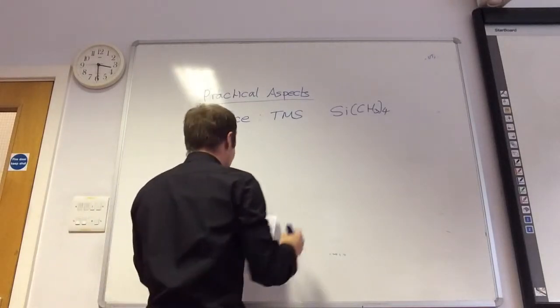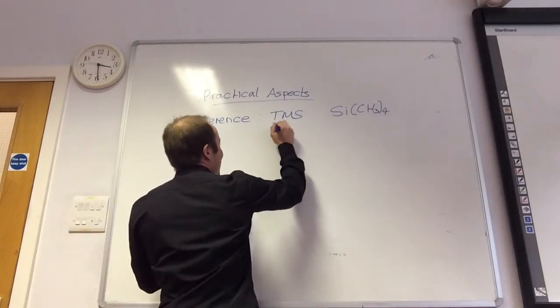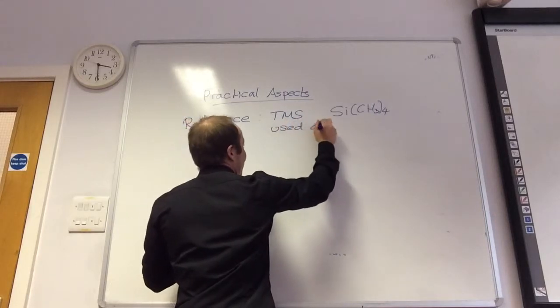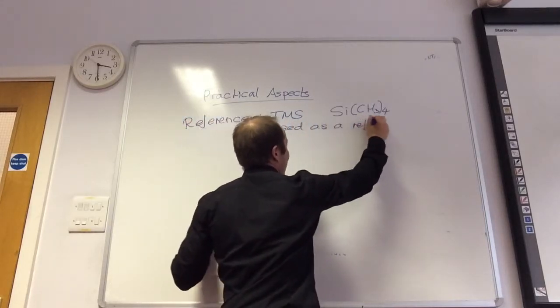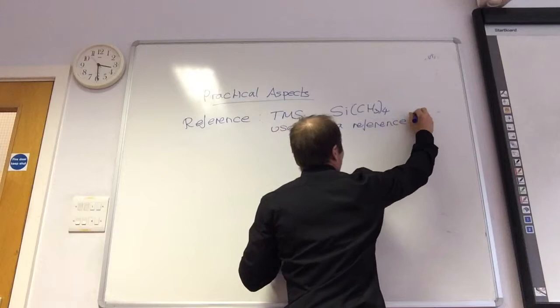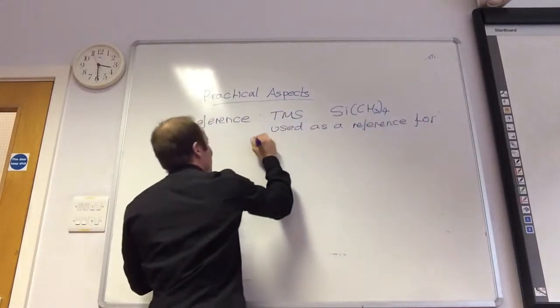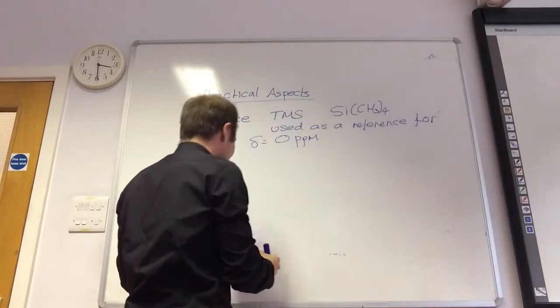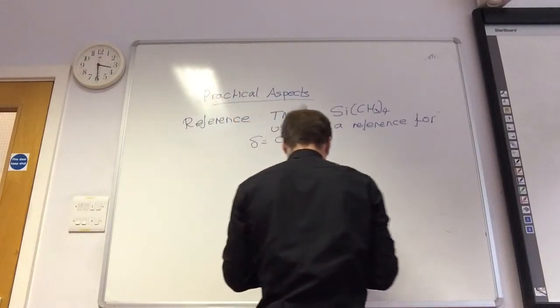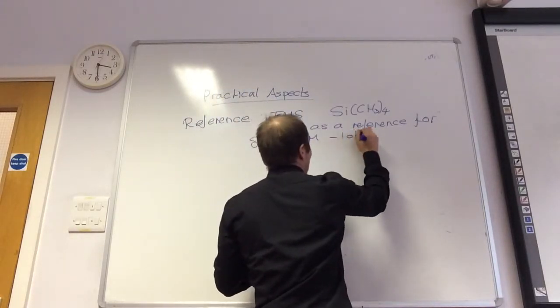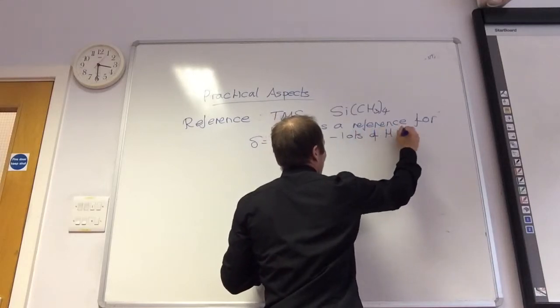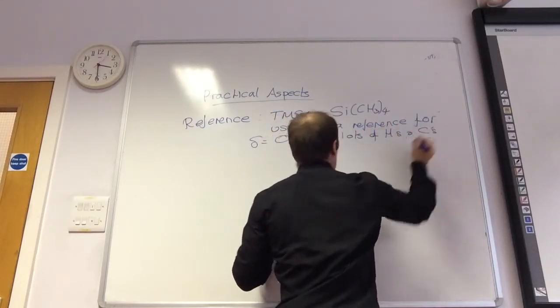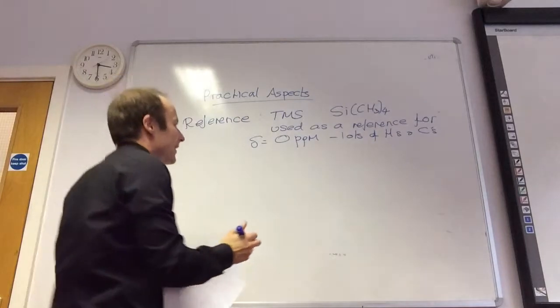So tetramethylsilane is used as a reference for your chemical shift equaling 0 ppm. It has lots of hydrogens and carbons, so it's really useful in the same environment.